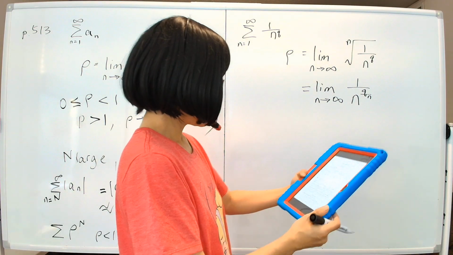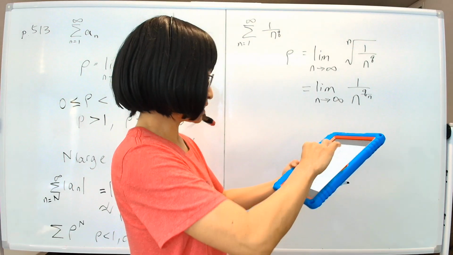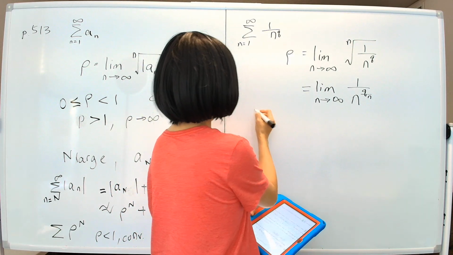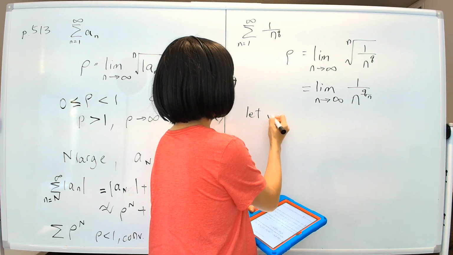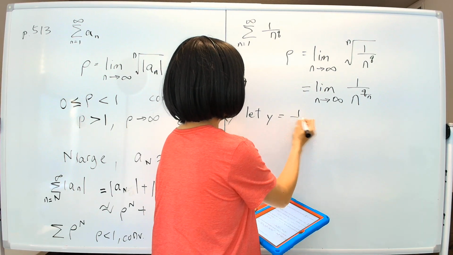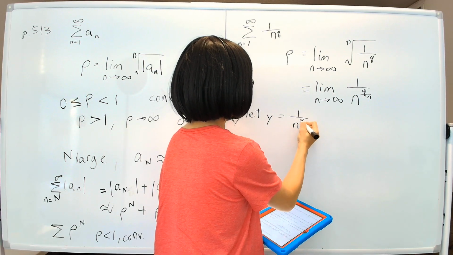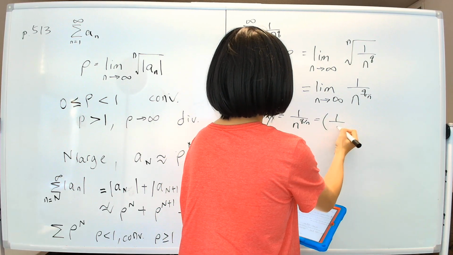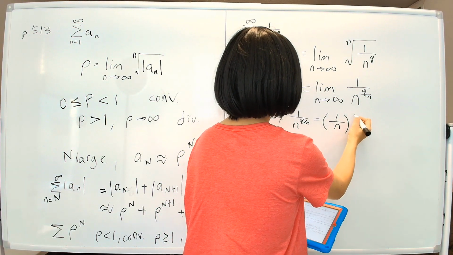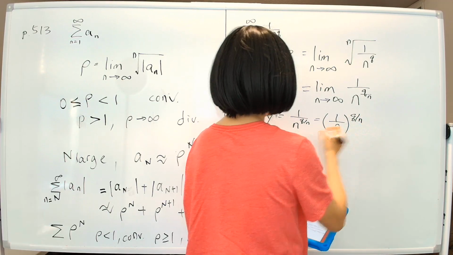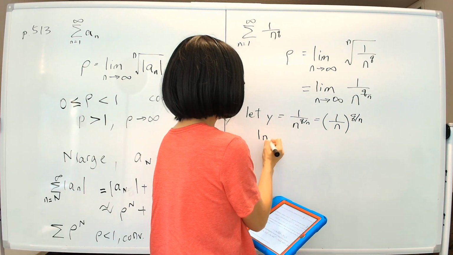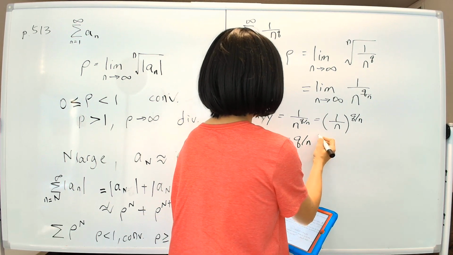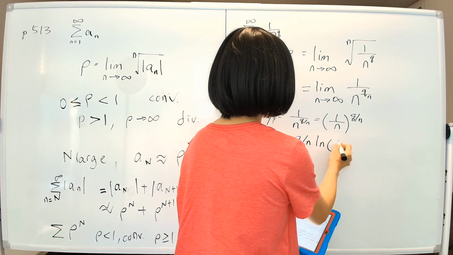So now let's calculate the limit. The way we do it is let y equal what's inside, 1 over n to the power q over n, which is just the whole thing. Then we take the natural log of y, which equals q over n times natural log of 1 over n.